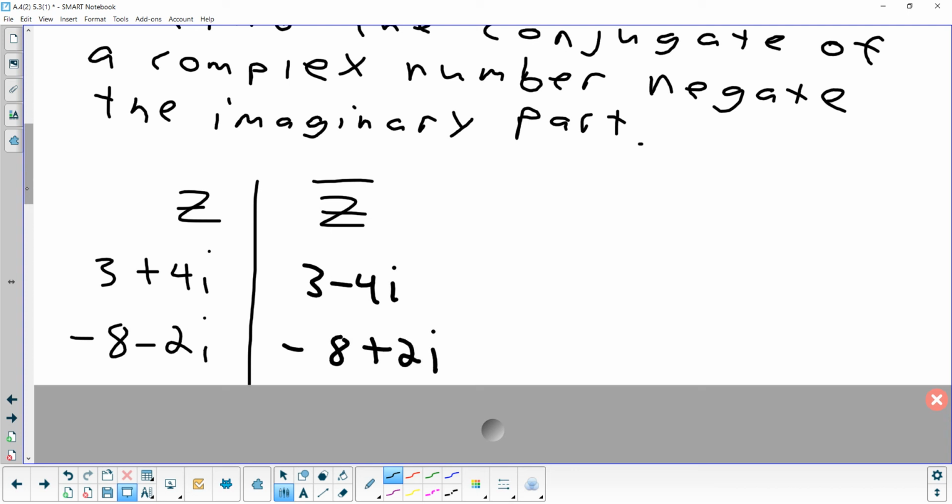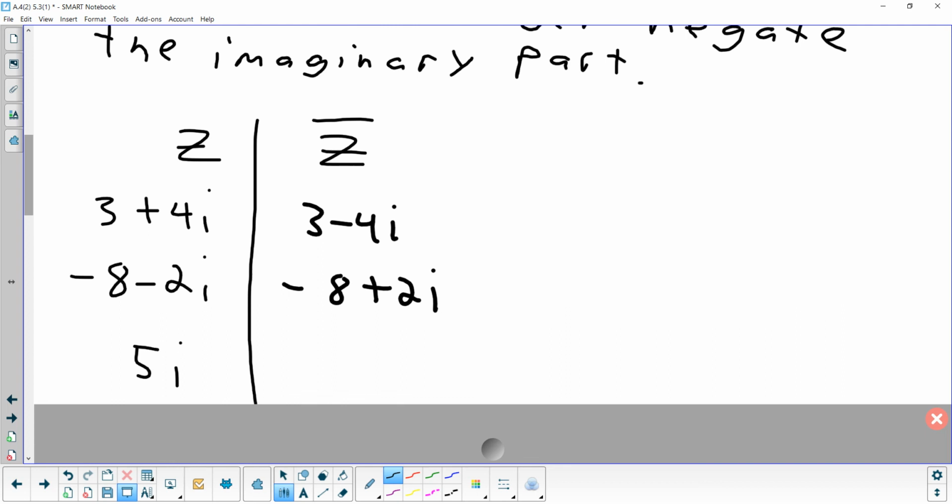All right. How about the conjugate of 5i? Would it be 5 divided by 5?